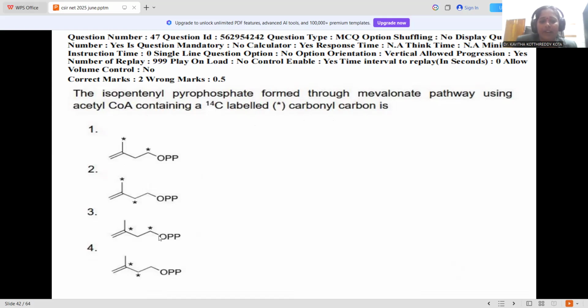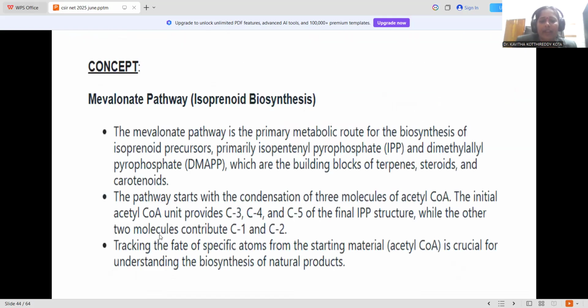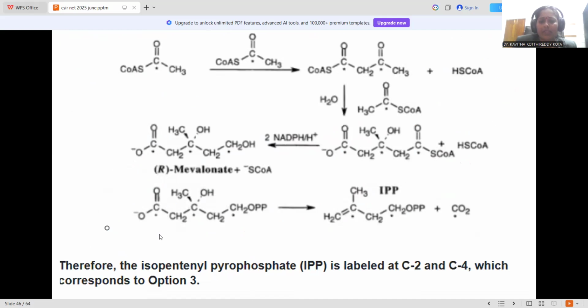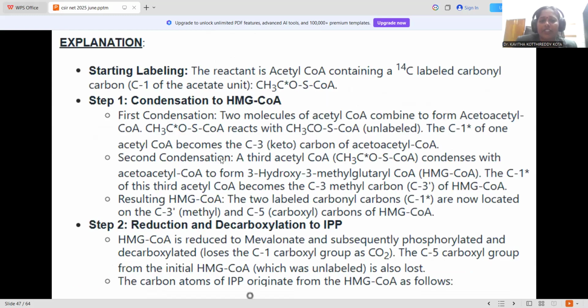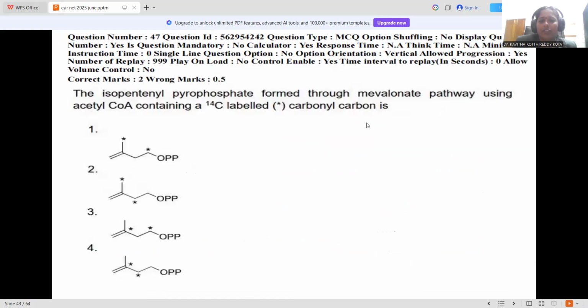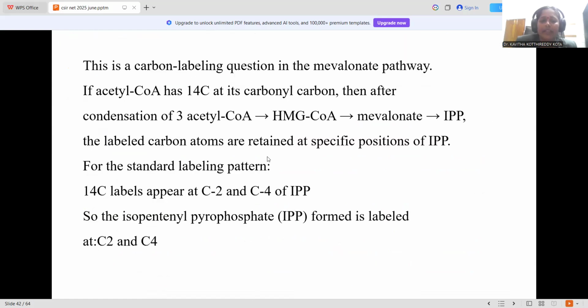For that purpose, first of all, we have to know the mevalonic acid pathway for this IPP synthesis. Acetyl coenzyme A could be taken as a starting material, as mentioned in this question, with the C14 labeled carbonyl carbon.